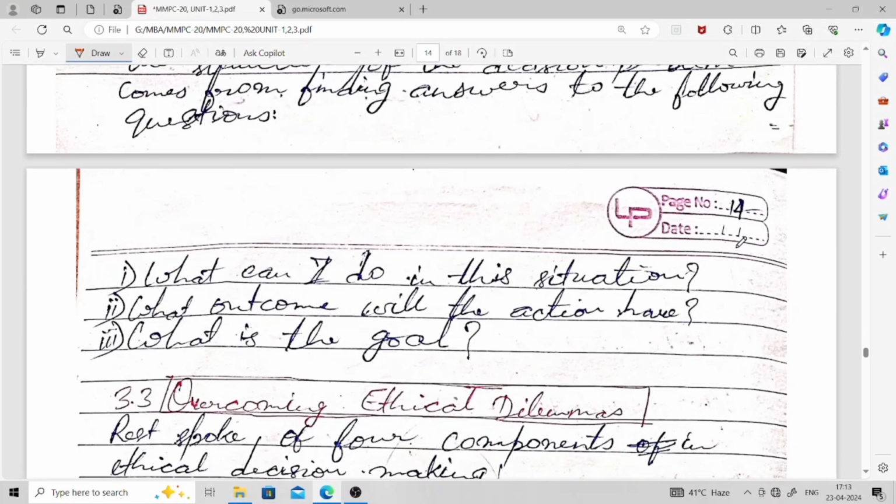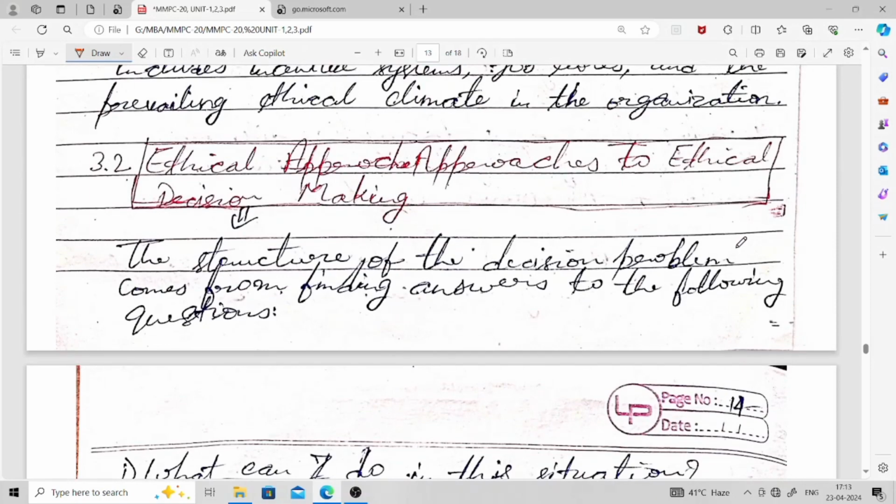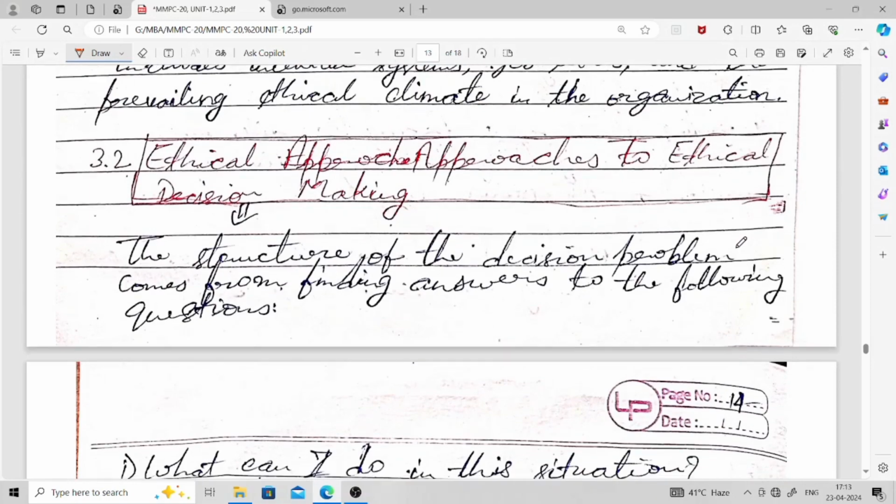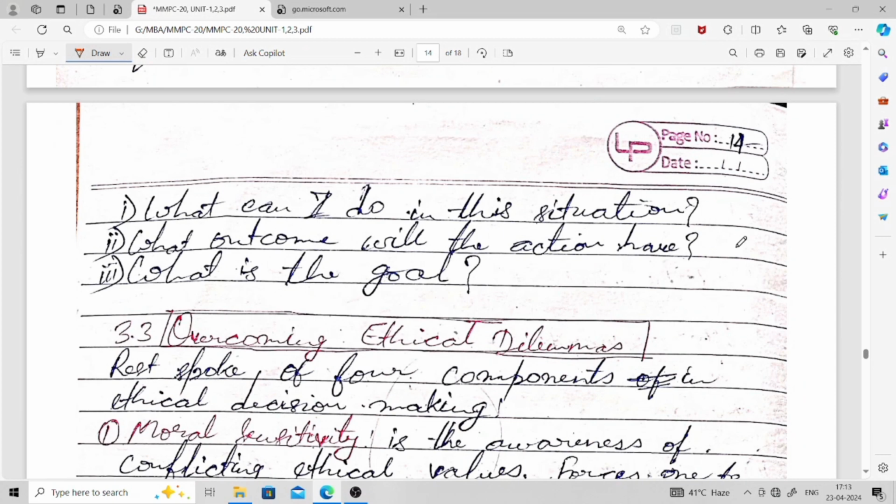Second, given what outcome the action will have. Here, if the person thinks about what the outcome of the action or decision will be, that will also decide in what way the person is going to make the ethical decision. Then you have what the goal is, meaning the goal of that ethical decision or that particular situation.